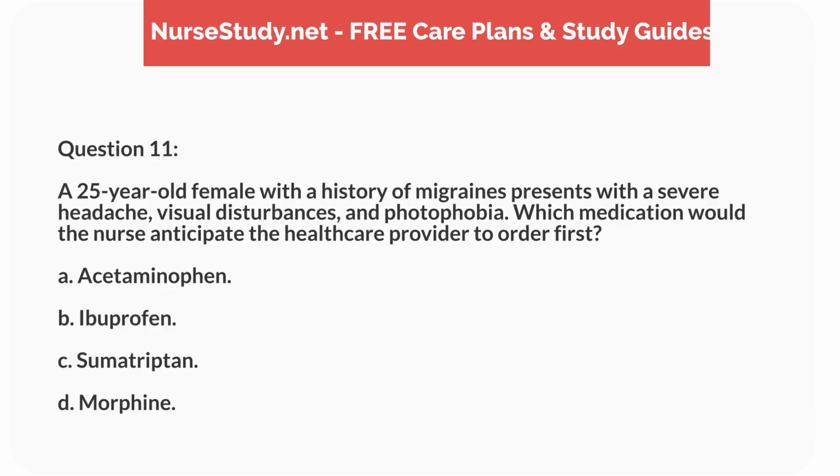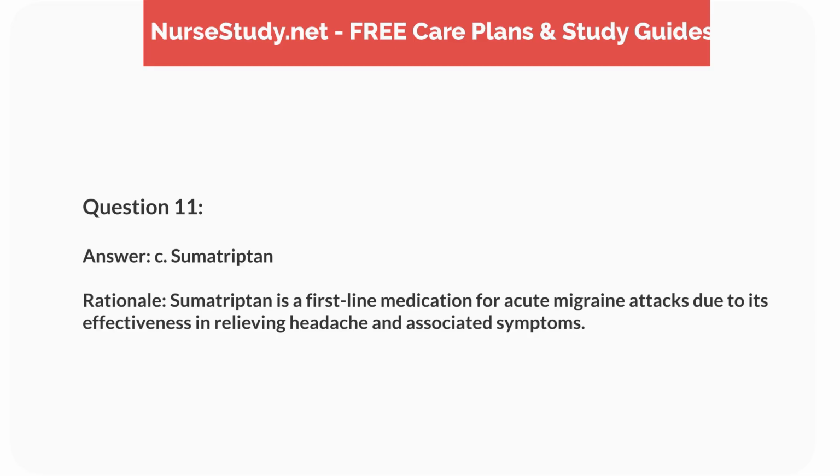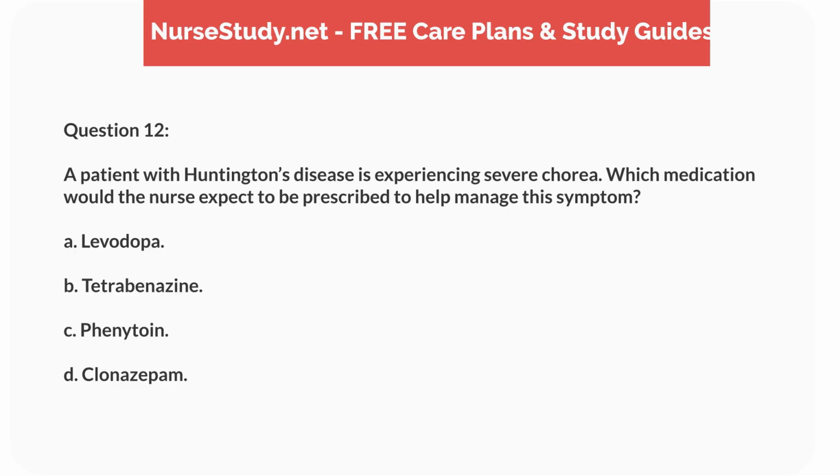D. Morphine. Answer: C. Sumatriptan. Rationale: sumatriptan is a first-line medication for acute migraine attacks due to its effectiveness in relieving headache and associated symptoms. Question 12. A patient with Huntington's disease is experiencing severe chorea.